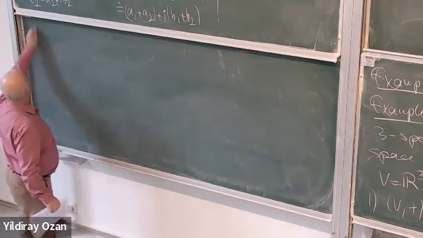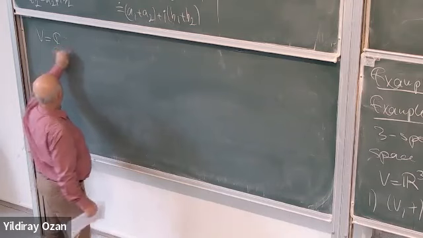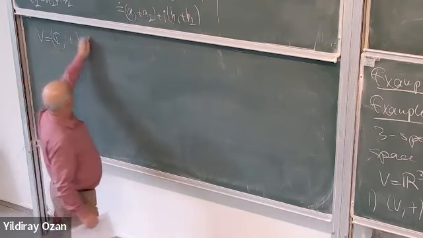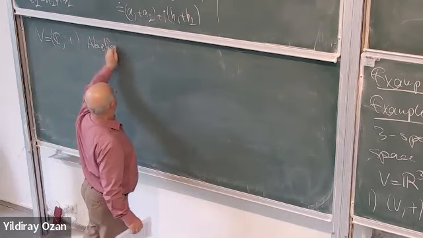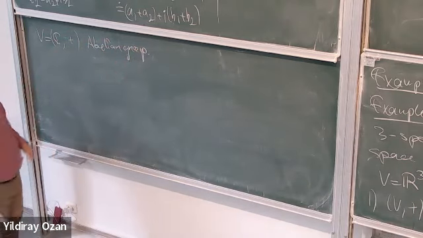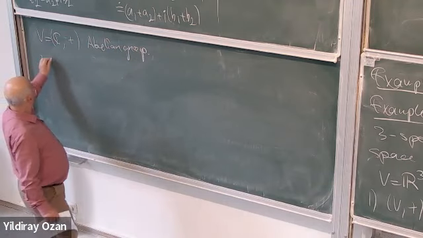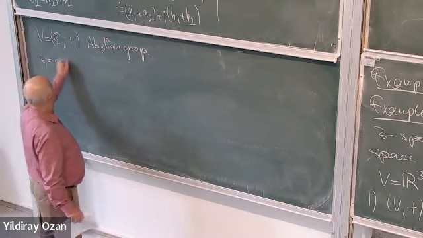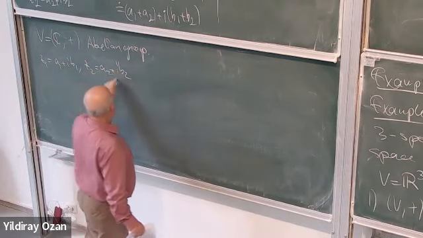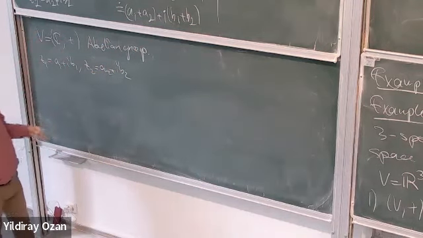Right, so there is this operation, and this should be an abelian group. So if you have two complex numbers, let's say a1 plus ib1, addition of these two is defined here, and it should be an abelian group.